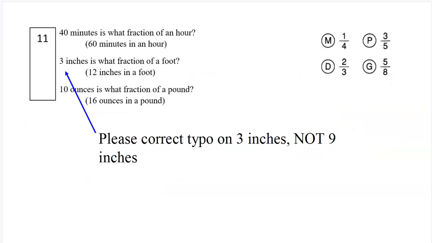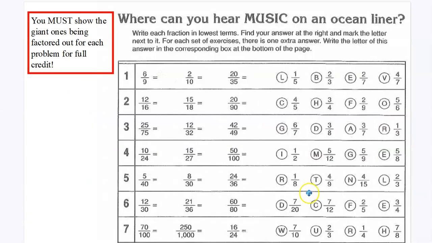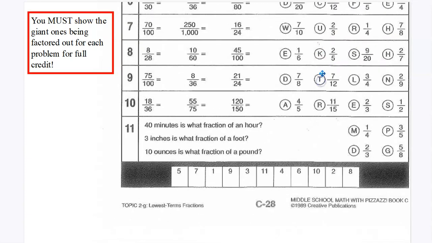Okay, so here's what it looks like. Well, first, I do have a typo to show you. I'm going to go down here. Okay. So in box number 1, I'm going to put the letter E. So every time you get an answer, you're going to put the leftover, the one fraction that didn't match the 3 that we were doing, and you're going to put the letter that goes with it in the box that's next to the problem number.